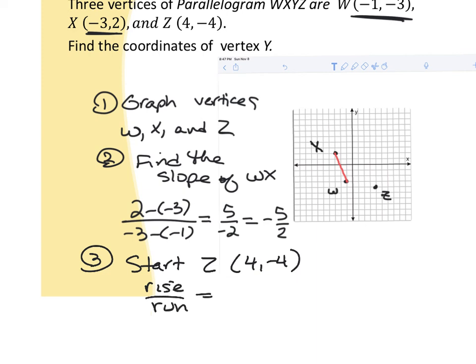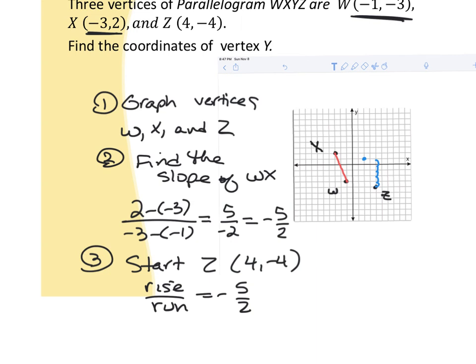I'm going to rise from that point 5 and run 2. So 1, 2, 3, 4, 5, and then I'm going to run 2.